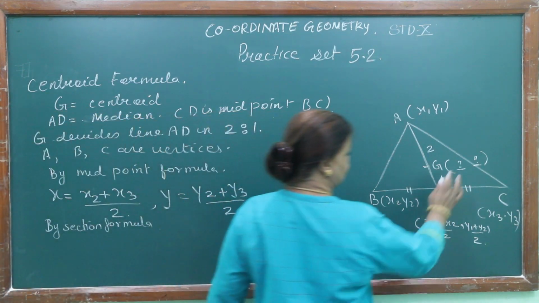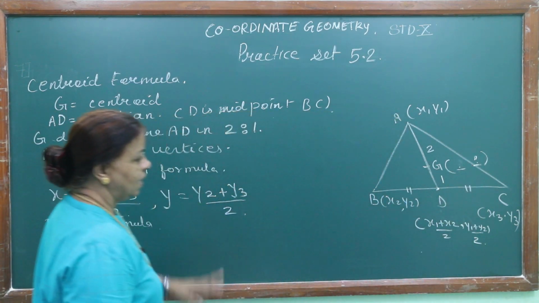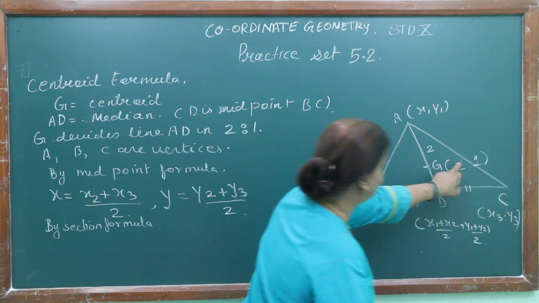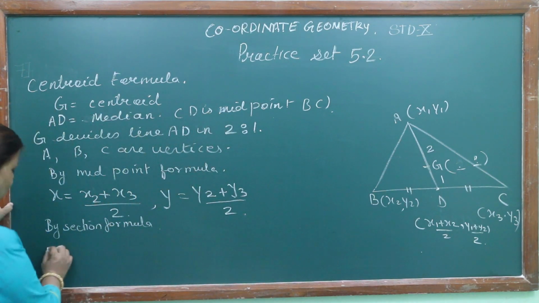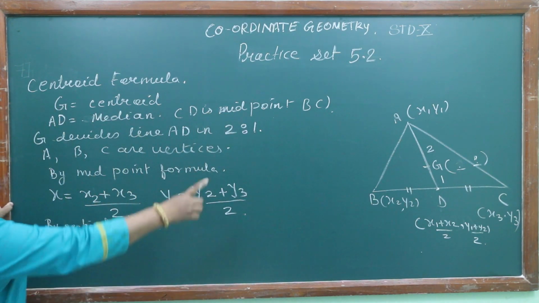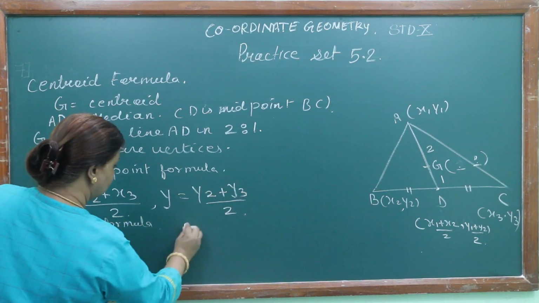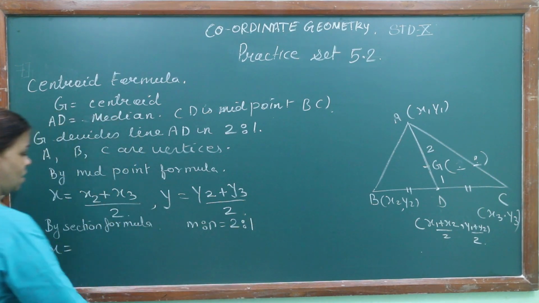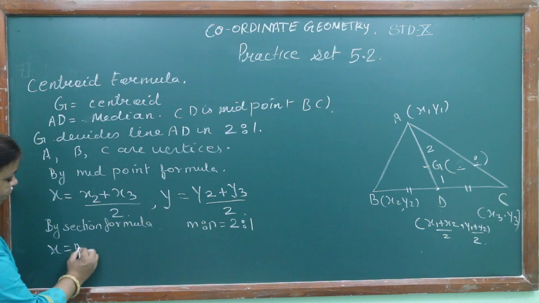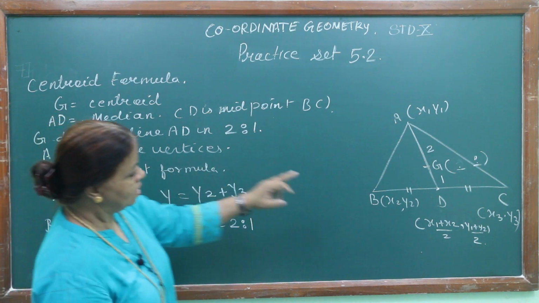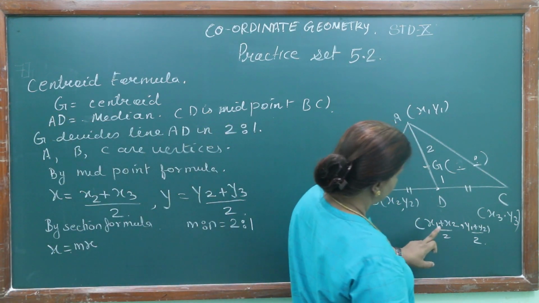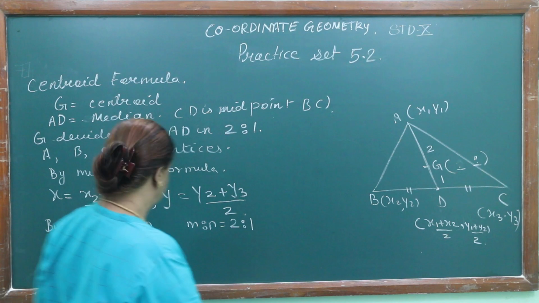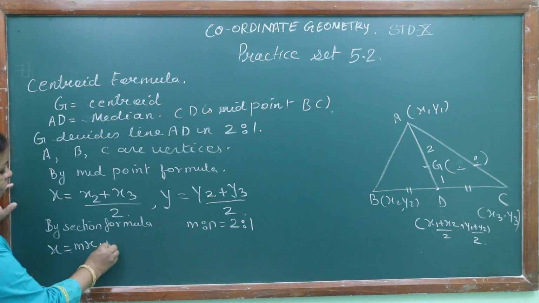Earlier I took D as x, y; now I will take G as x, y. So x is equal to, and the ratio m to n is given as 2:1. So x is equal to m times this plus n times this.